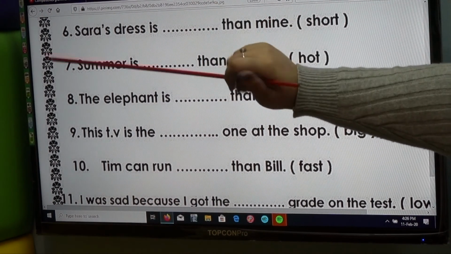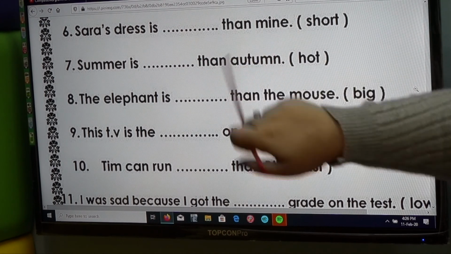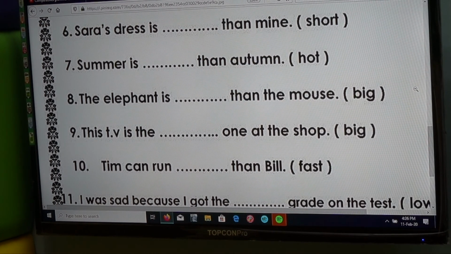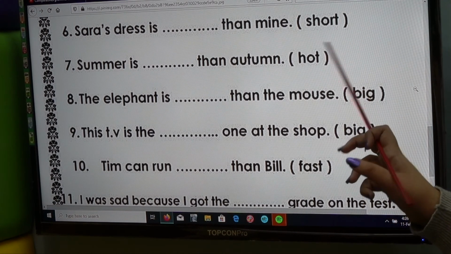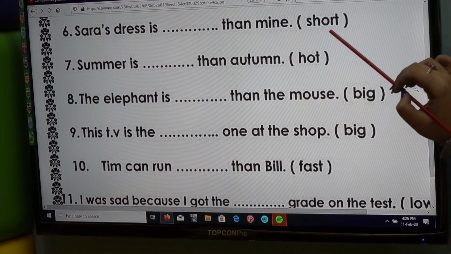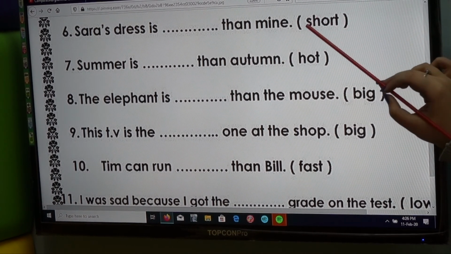So 2 dresses. So if we are comparing 2 things, what kind of adjective do we use? We use comparative, right? So short becomes shorter. Anything special? How do you spell shorter?